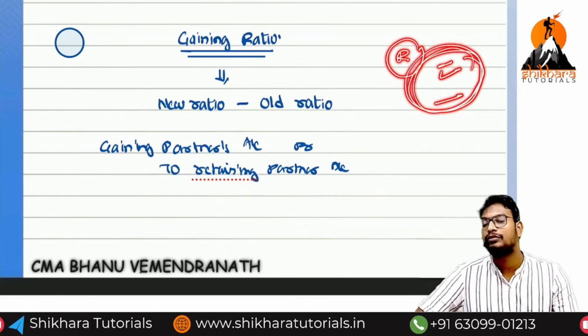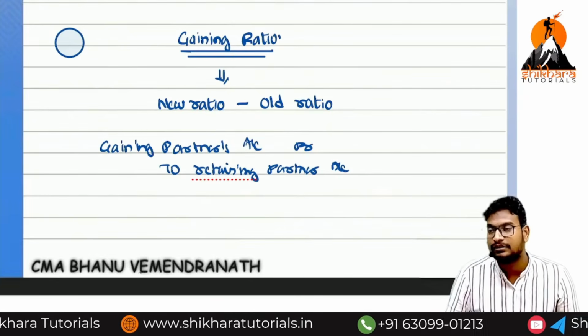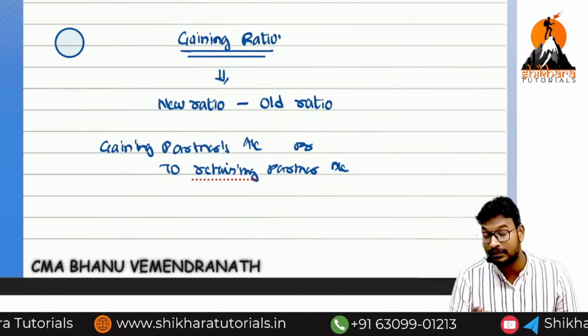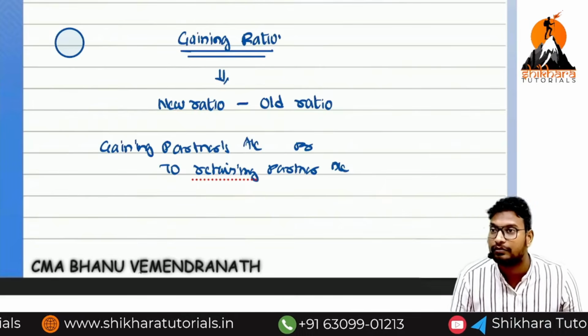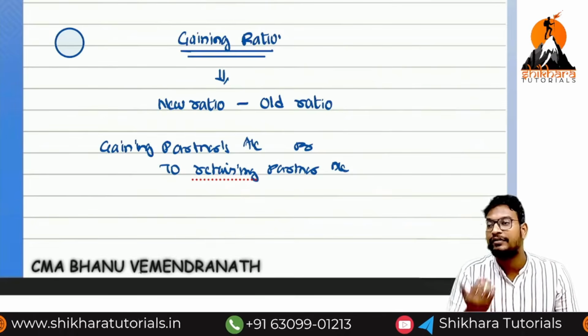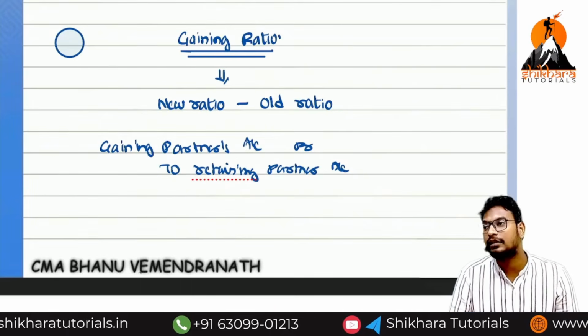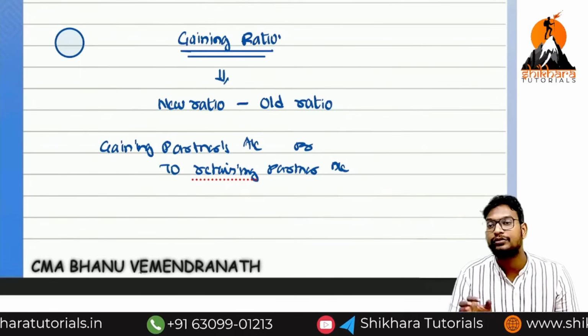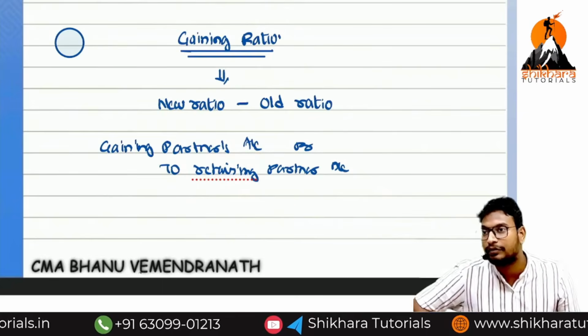The existing partners need to give this amount. Sometimes they will say we have settled the retiring partner account. Settled means how we can settle, Amma? By way of cash or by way of bank balance. If nothing is mentioned, how we need to show it? We need to show it as retiring partner loan account.